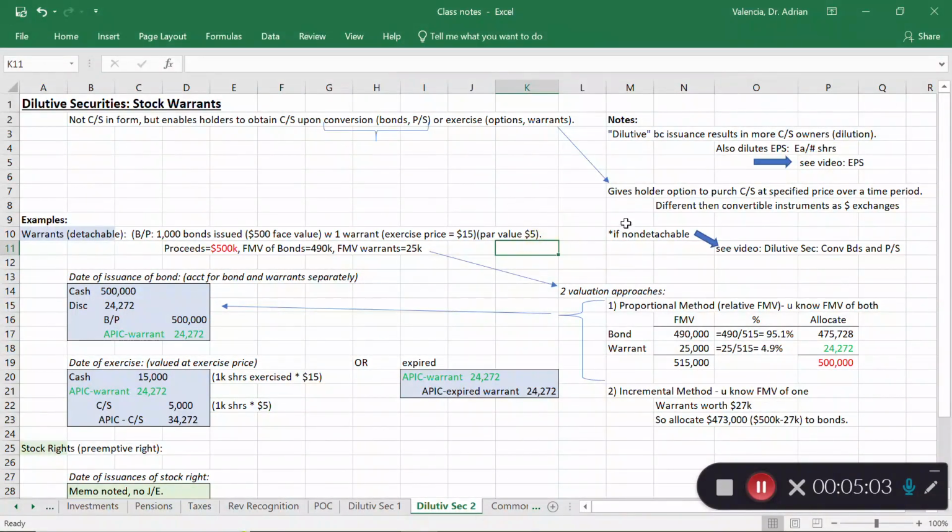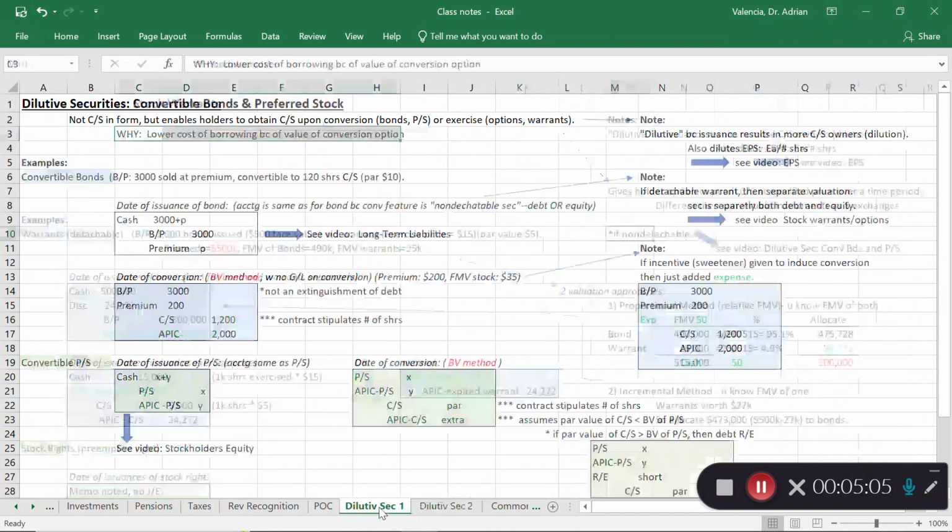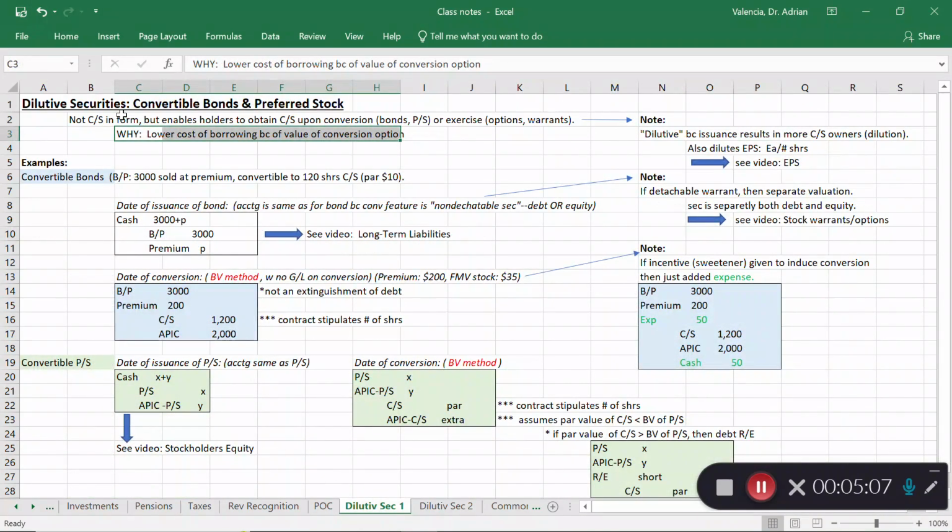What I do want to show you is that even though these bonds came with a conversion option, notice how we never accounted for that conversion on the date of issuance. It was just part of the bond, okay?